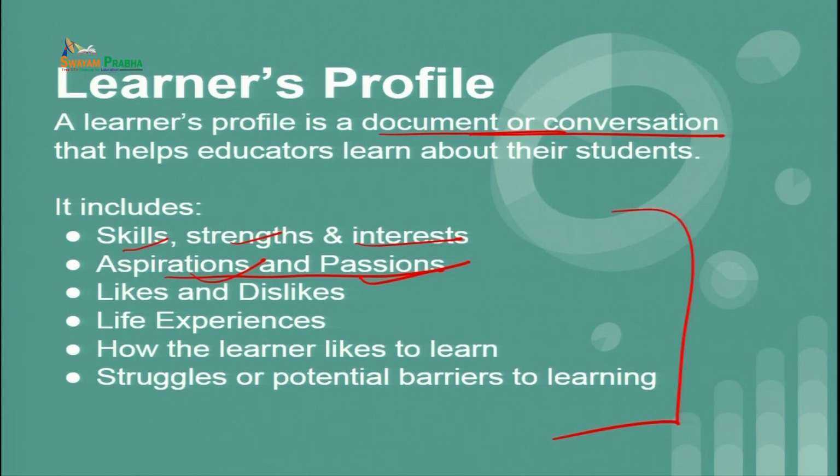These are the important things that you should always take care of, and this will help you to identify that this learner is going to use your lessons in a specific domain or in a specific area.